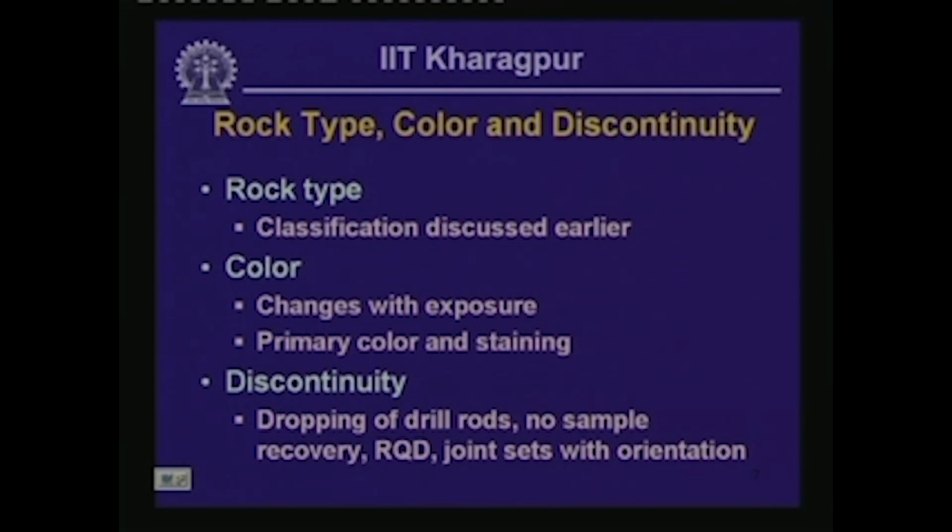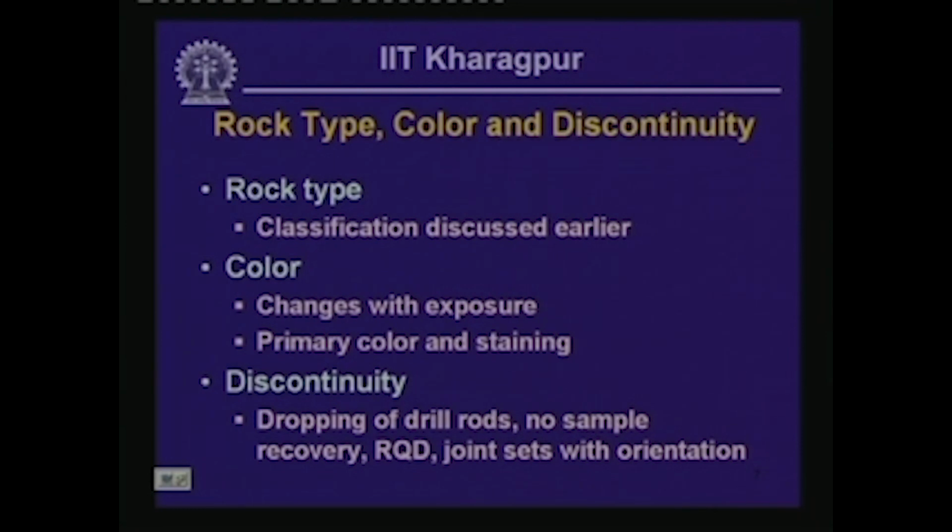We have to mention the geologic name of a given type of hand sample, for example micaceous quartzite, and this type of classification we have already discussed in detail when we were talking about different types of rocks. And then you have to describe the color of the rock, as was indicated for the description of soil hand samples.